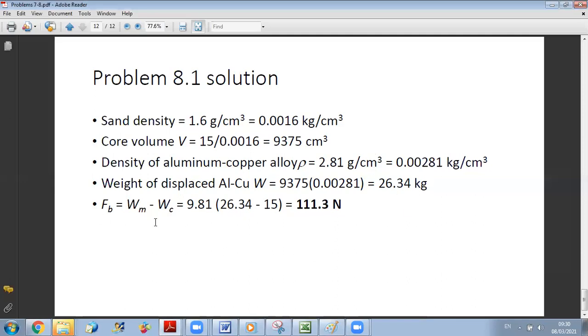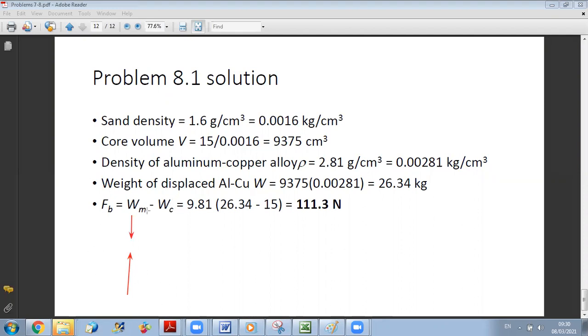So the buoyancy force will be the difference between the weight of the displaced volume, which is the upward force, minus the weight of the body. So this is the total lift.